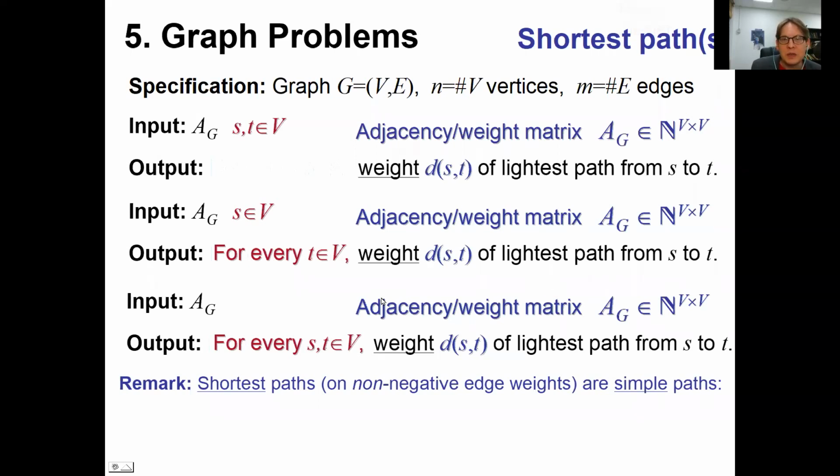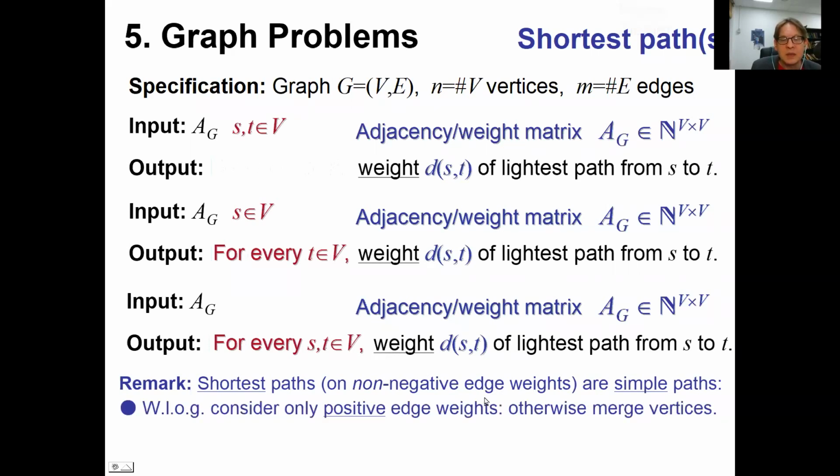The important prerequisite is the specification. Second remark: it is now no loss of generality to actually restrict to positive edge weights. That's a subtle point. First, we restrict to non-negative edge weights to avoid paradoxes.